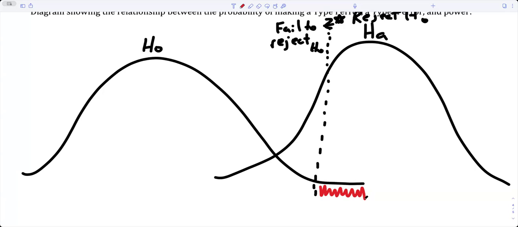I reject H naught, but H naught really is true. So that would be type 1 error. And what is the probability of that? That is alpha.